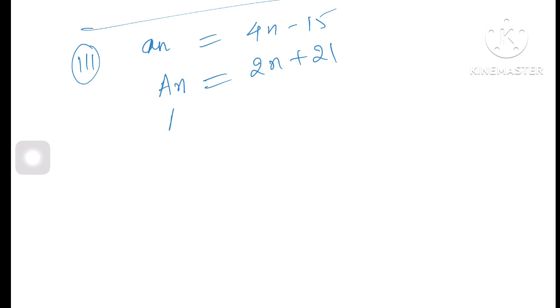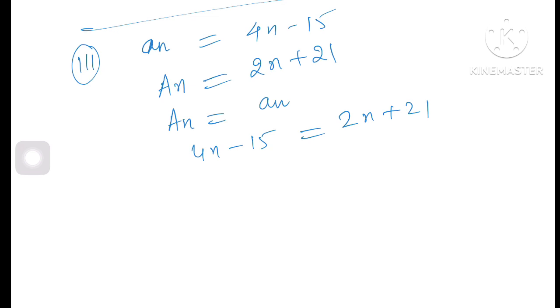It means an is equal to an. The common term means both will be equal. So we just have to equate these two and we will get the value of n. That term will be common to both. 2n is equal to 36, n is equal to 18.